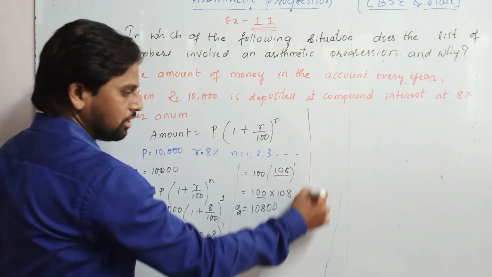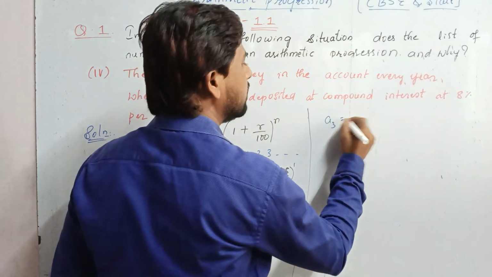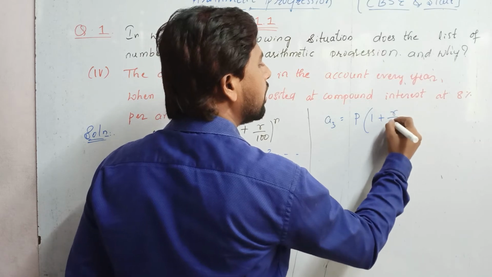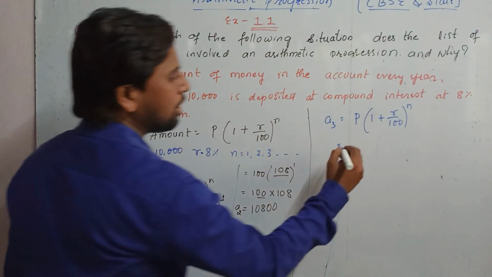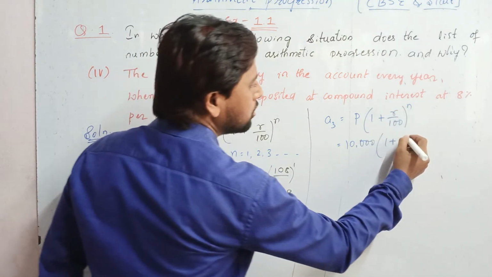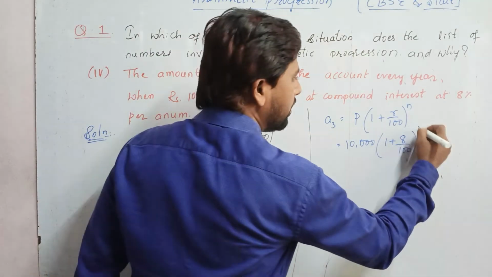For A3 we need to solve the same thing. Here A3 is equal to, same formula you use, P bracket 1 plus R divided by 100 to the power n. So what is the principal, students? Here same thing, that is 10,000 bracket 1 plus R is how much, rate of interest 8 by 100. Now n is second year, that is we will take as 2.